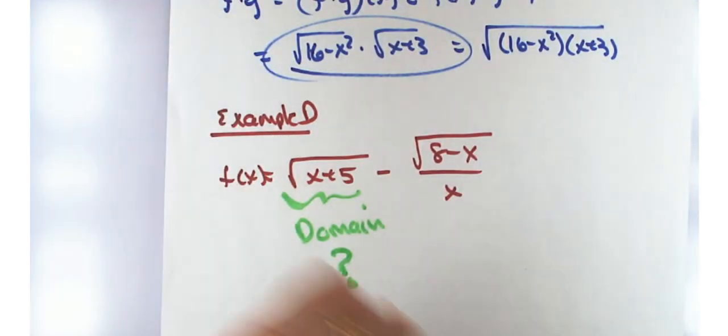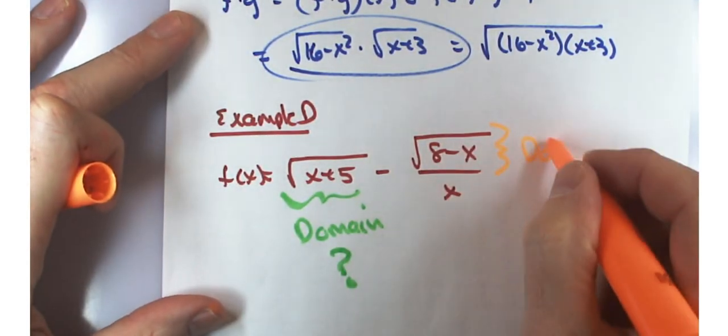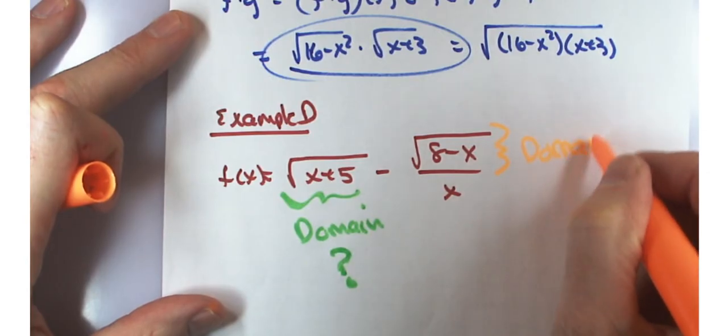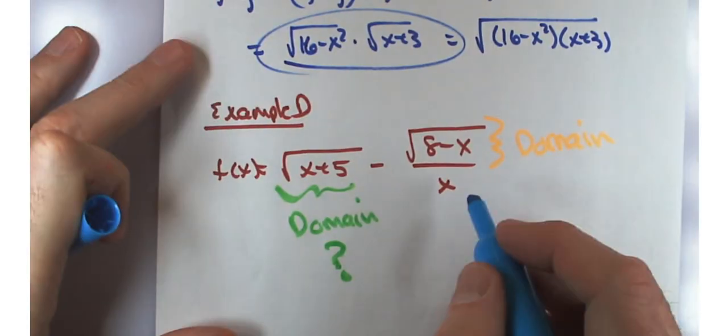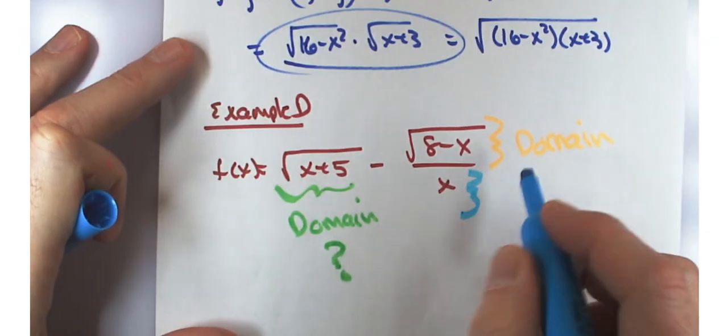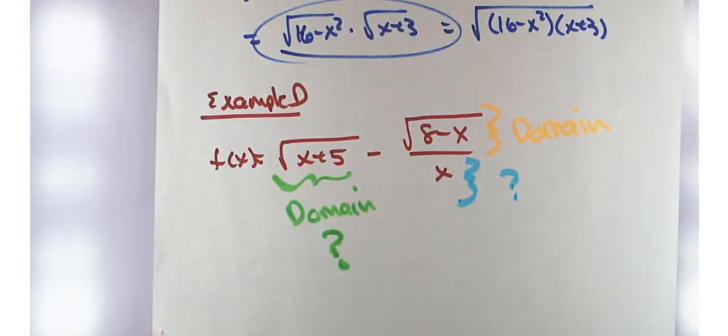Let me do it in orange. What's the domain of that part? And there's one last little piece here, and that is we're dividing by x. So what do I have to worry about here? There are a lot of little parts, and we want to make sure that they're all defined at the same time.